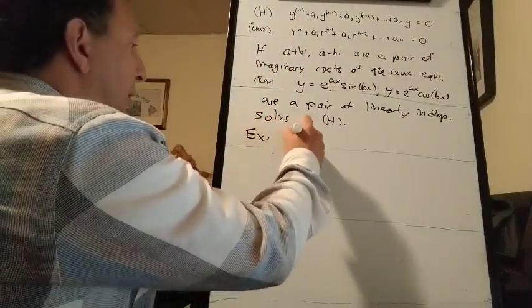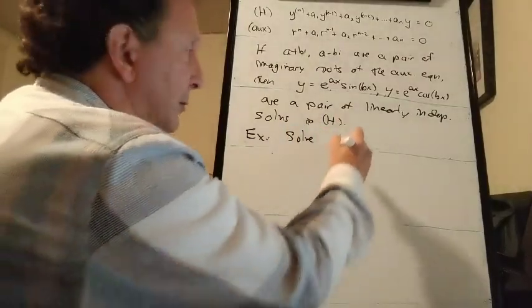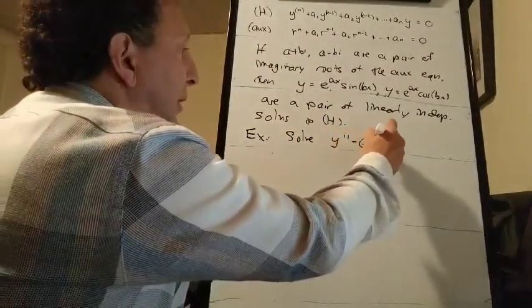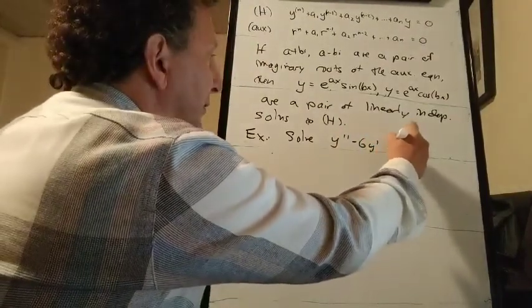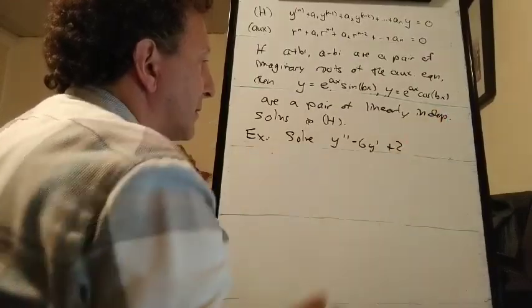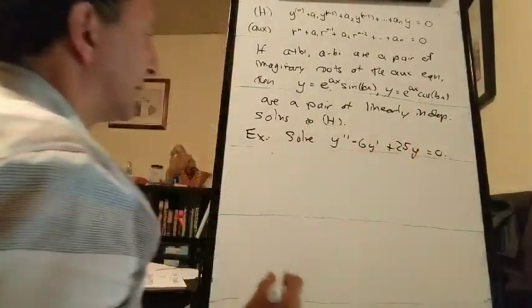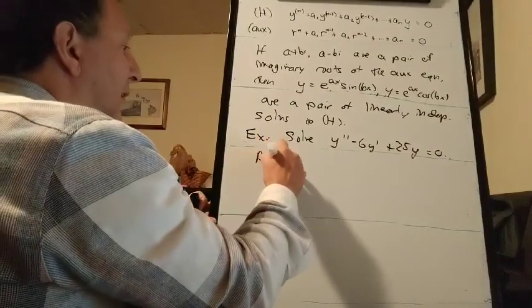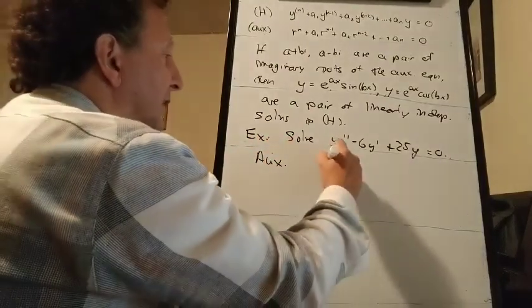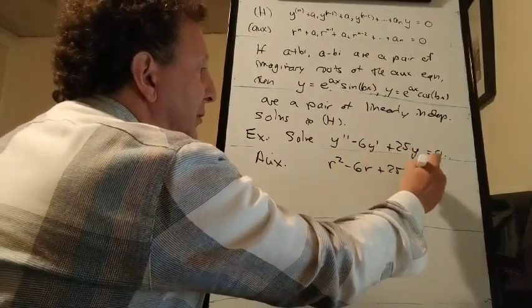So for example, let's solve y double prime minus 6y prime plus 25y equals 0. So the auxiliary equation is r squared minus 6r plus 25 equals 0.